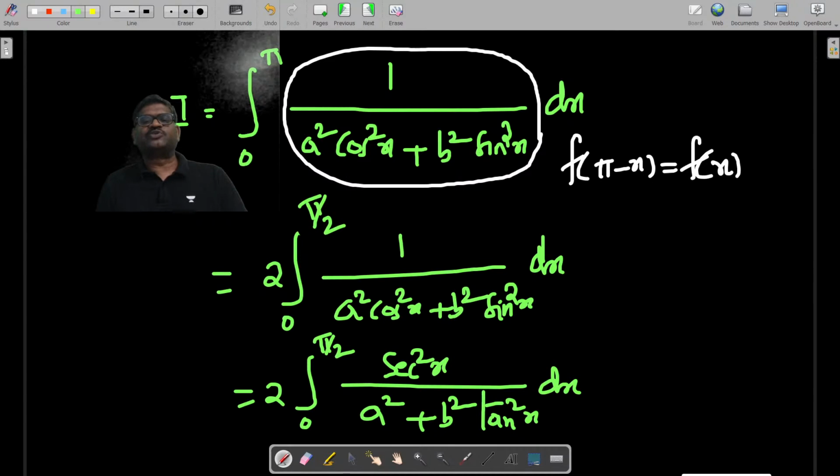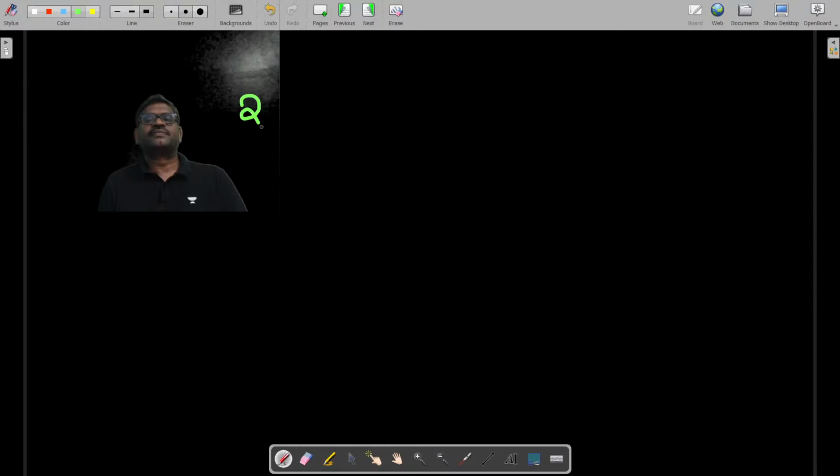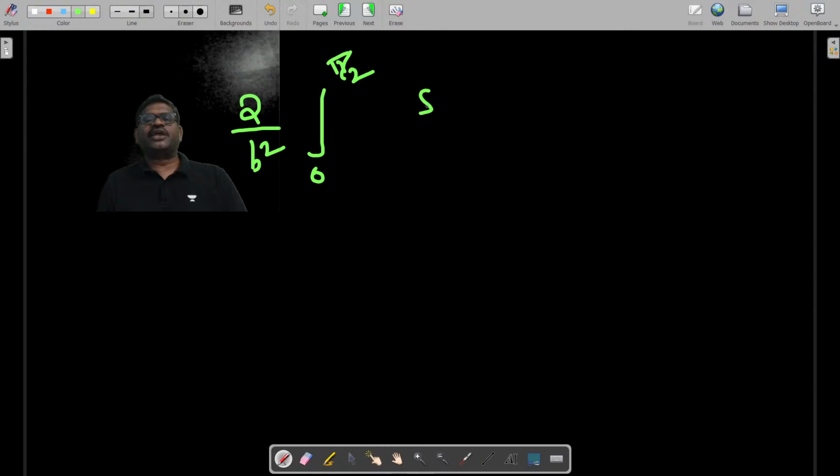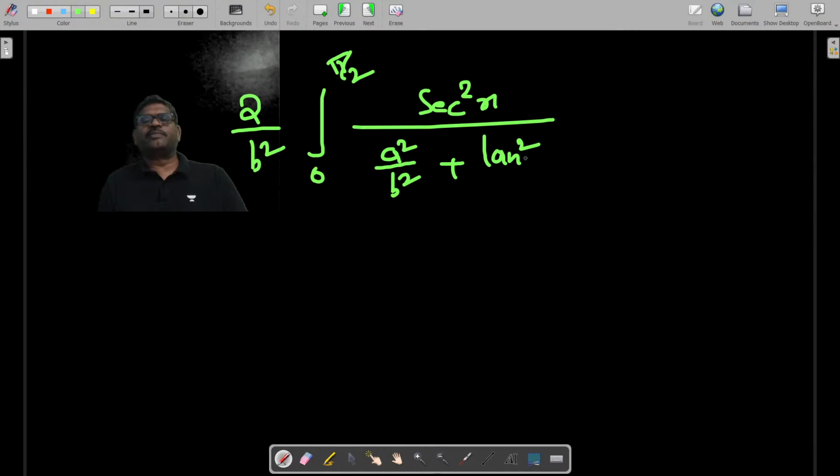If you take b square common, you'll get 2 by b square integral 0 to pi by 2 of secant square x by a square by b square plus tan square x dx.